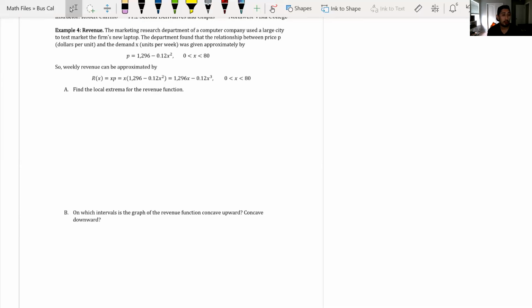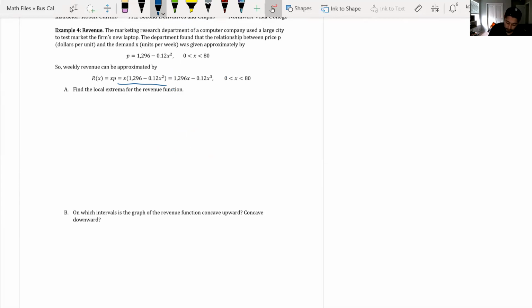Okay. Revenue can be approximated by X times P, which you do X times 1296 minus 0.12x squared, distribute the X, and we get our revenue function of 1296x minus 0.12x cubed on the same interval, 0 to 80.